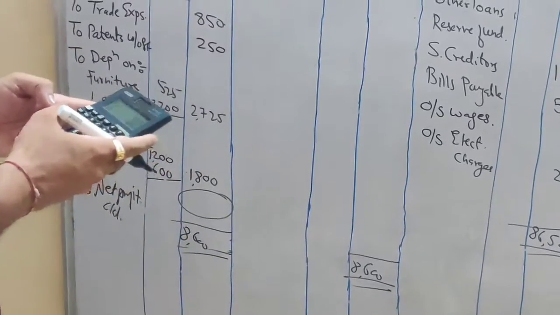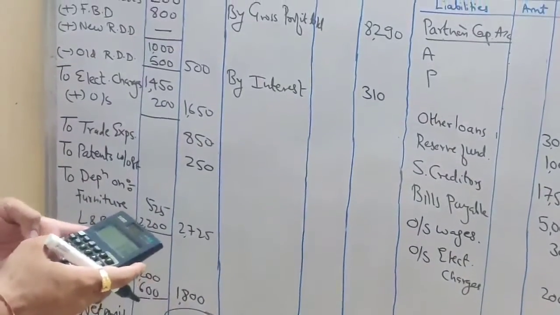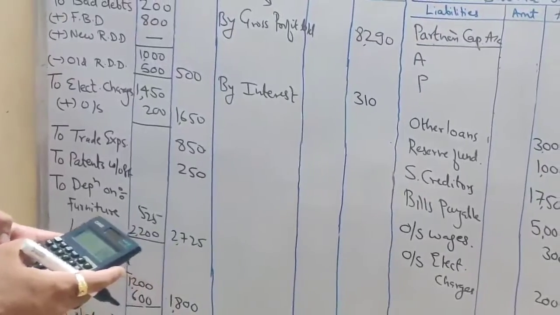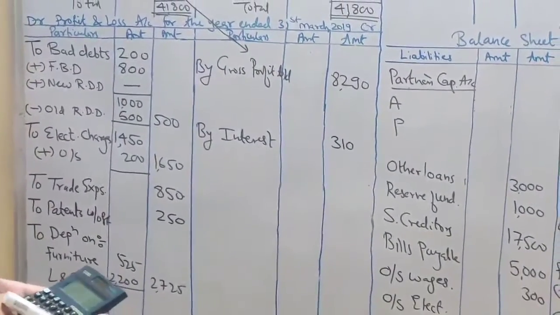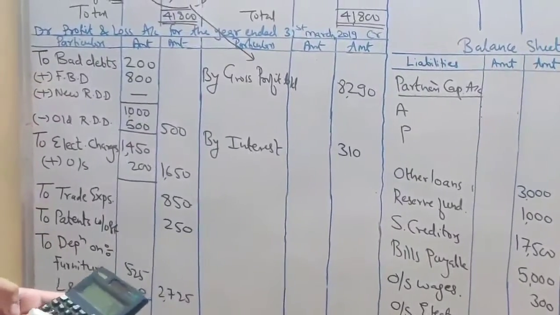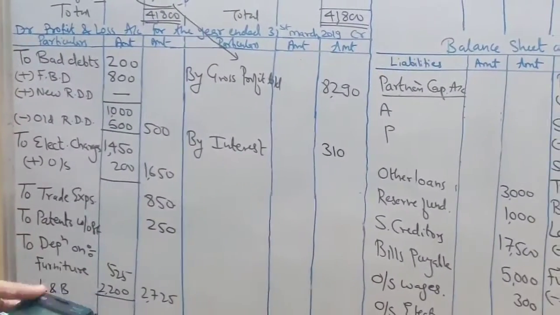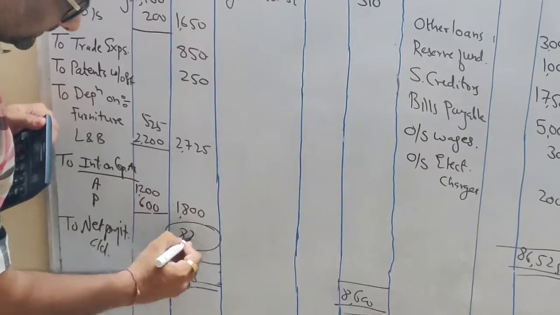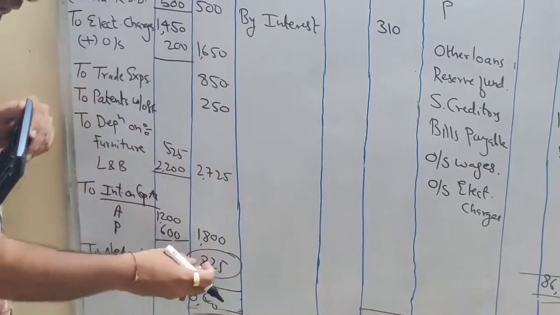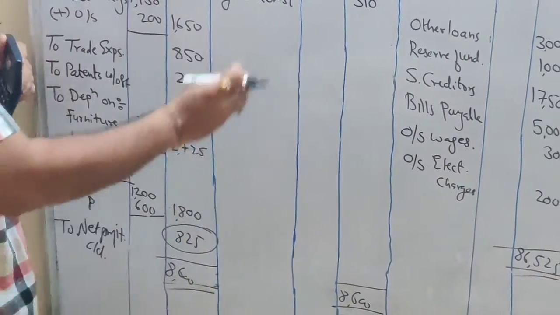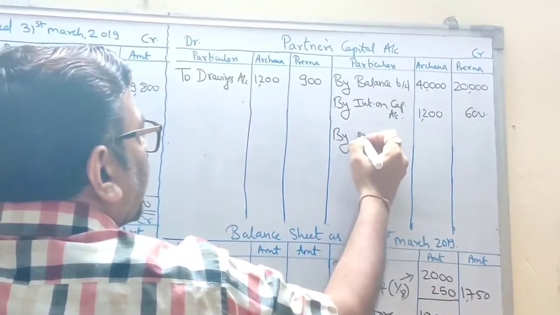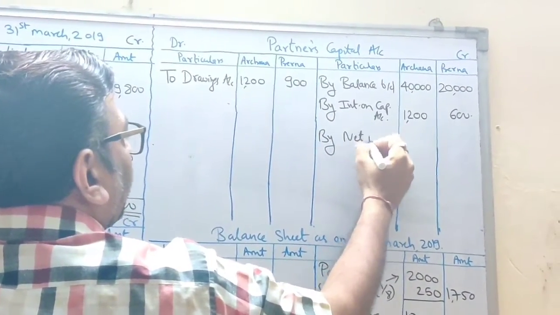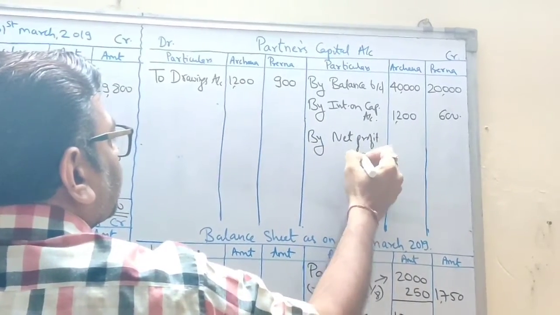Let's find net profit. 825. This is the net profit. Now you got net profit on the debit side. You will transfer it in the partners' capital on the opposite side as net profit brought down.